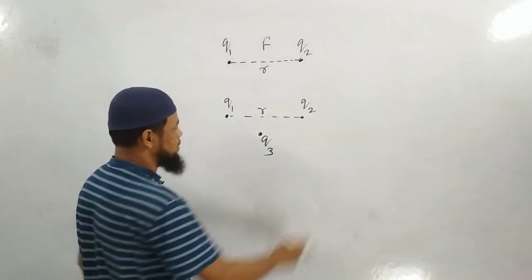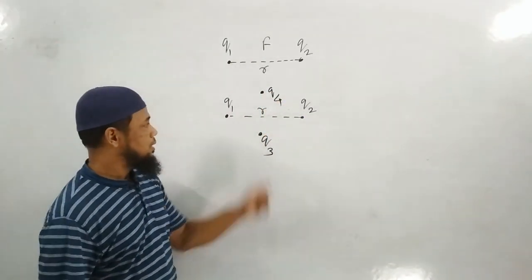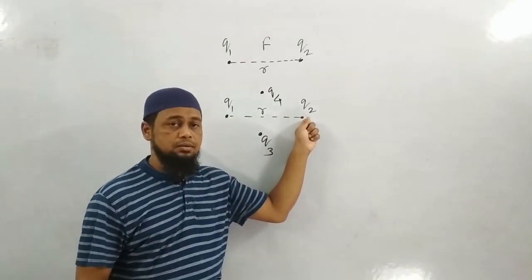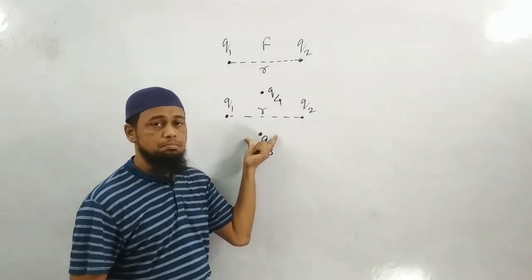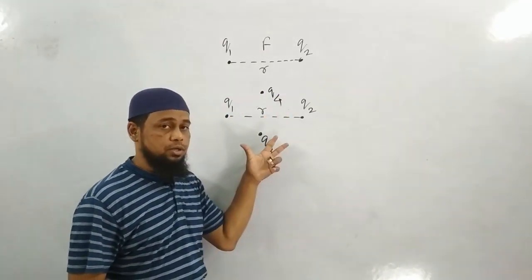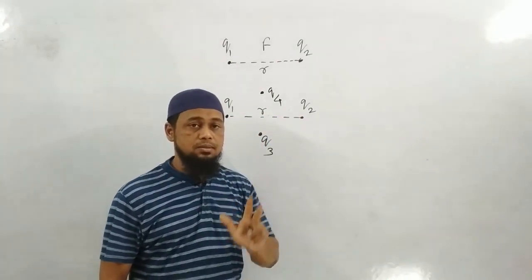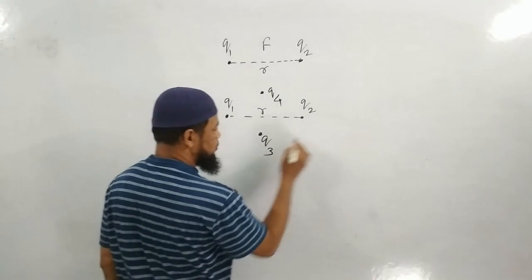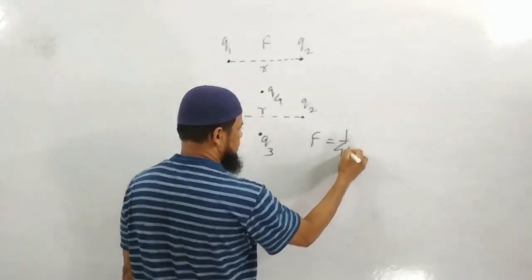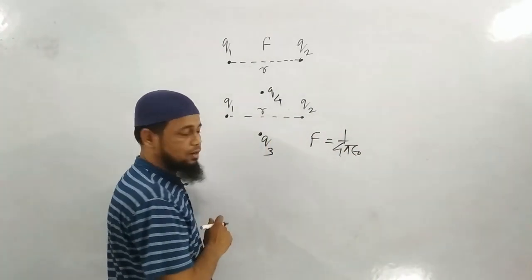I can put one more charge, Q4. The force between Q1 and Q2 is independent of the other charges present in their vicinity. Bring any number of charges in the neighborhood, and the force between Q1 and Q2 will remain the same, because for the force between Q1 and Q2 we only see the medium. Here the medium is vacuum, no medium, or air.